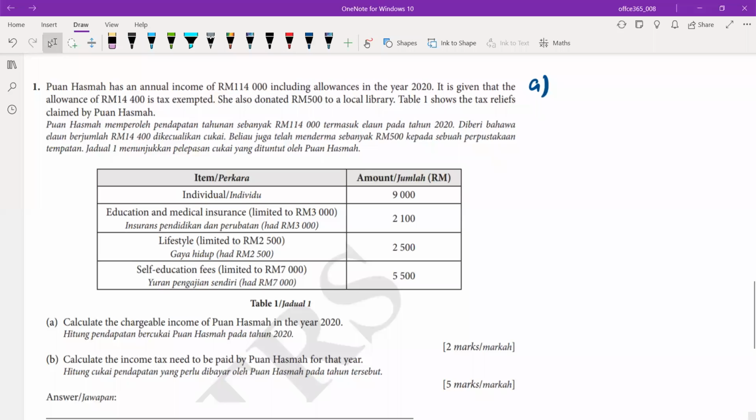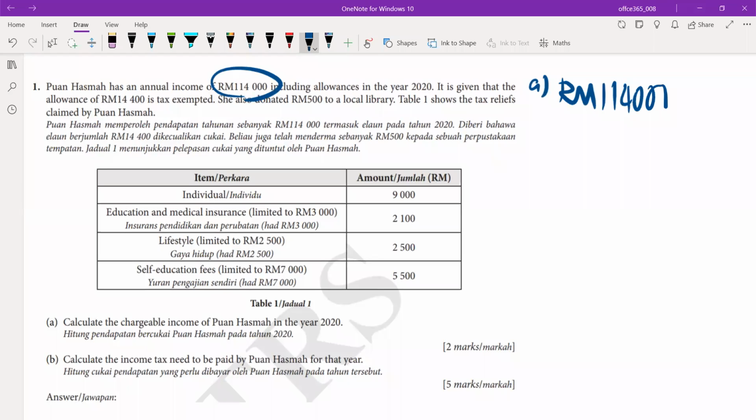Okay, so that means you take all of them, which is 114,000. This is the annual income.